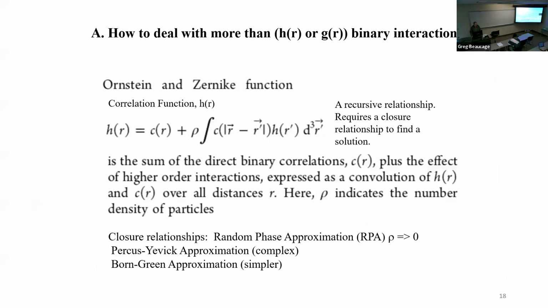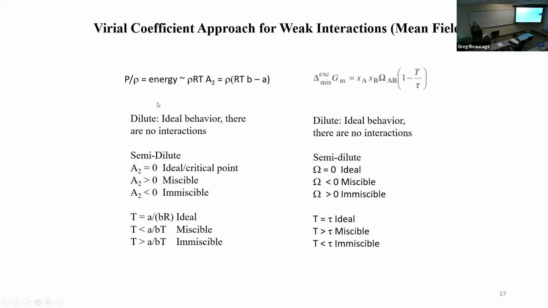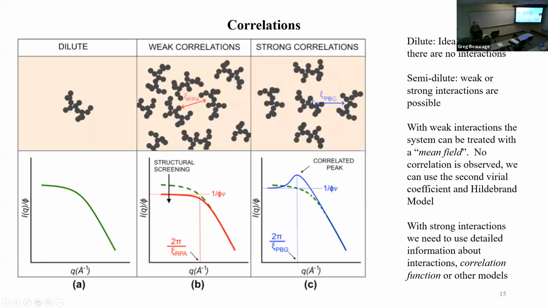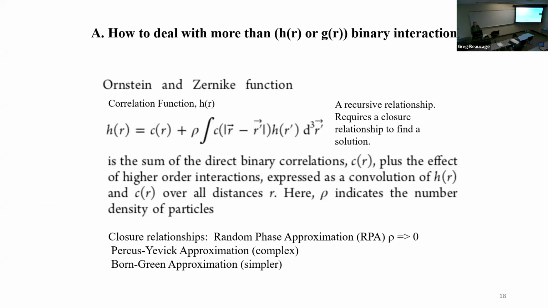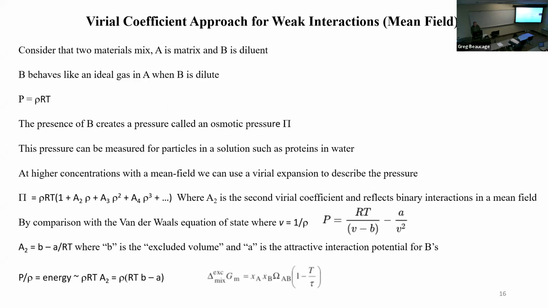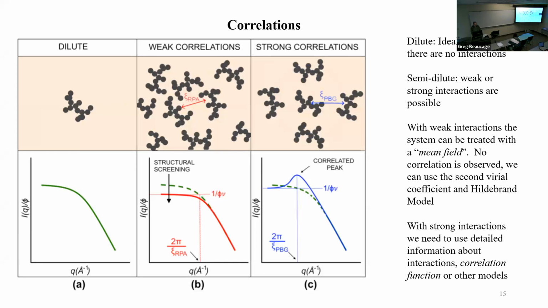Anyway, the Ornstein-Zernike equation is describing the correlation function. The simplest case would be if I only consider binary interactions, like A and B, and that's it, like EAB or EBB or EAA, the thing from the Hildebrand. If you want to describe that system, you need to have all correlations.